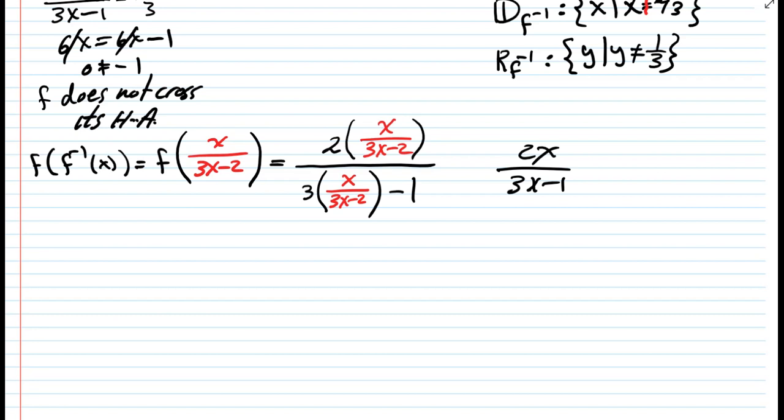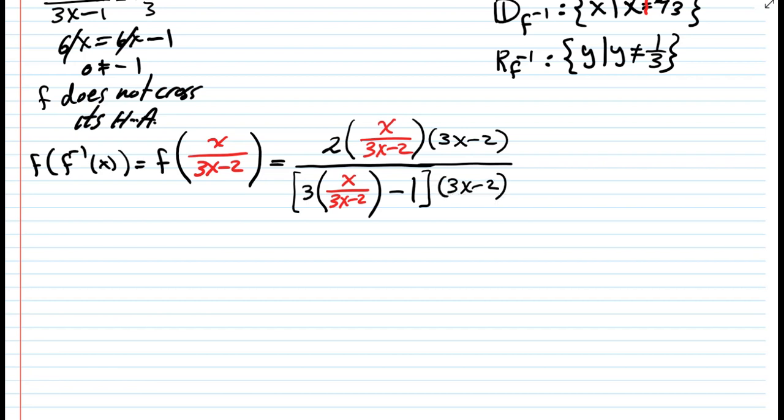Now let's work this fraction. This is a complex fraction. When we have fractions in the top and the bottom, the easiest way to eliminate them is to multiply by the LCD, which is 3x minus 2.